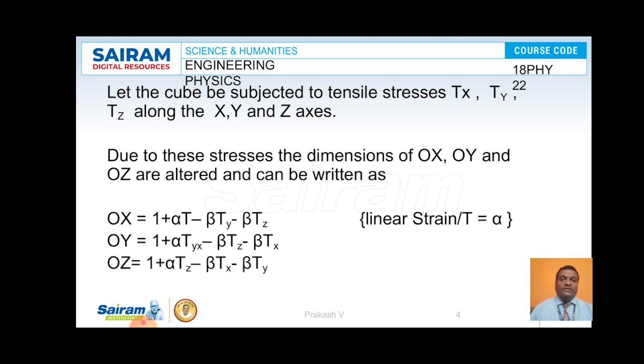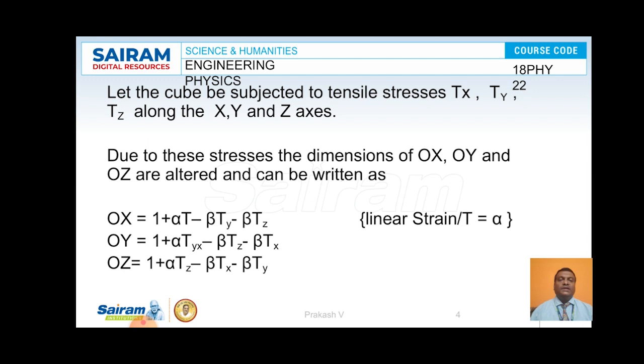So Ox is nothing but 1, the original length, plus alpha Tx minus beta Ty minus beta Tz. And along Oy, 1 represents the original length along Oy of the box, and it becomes 1 plus alpha Ty minus beta Tz minus beta Tx.